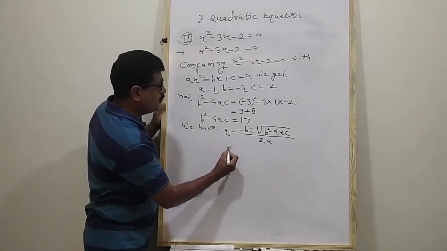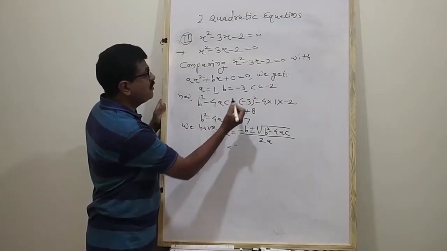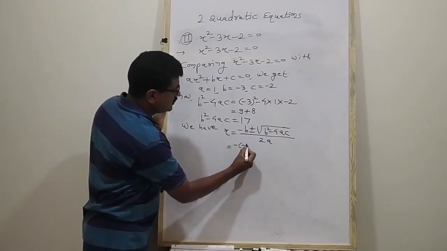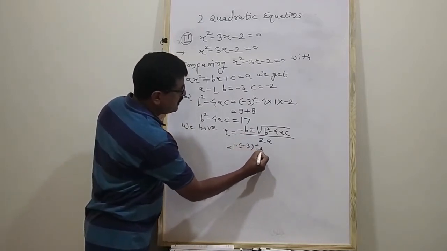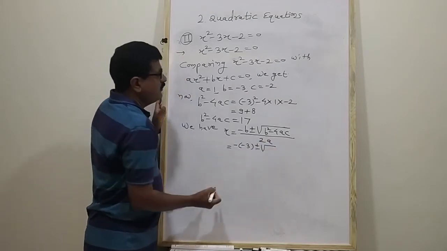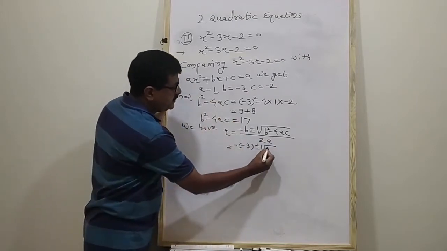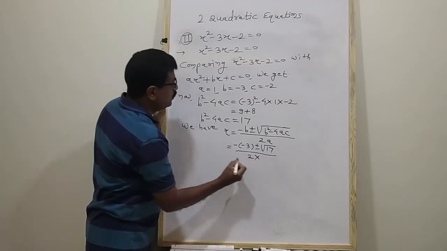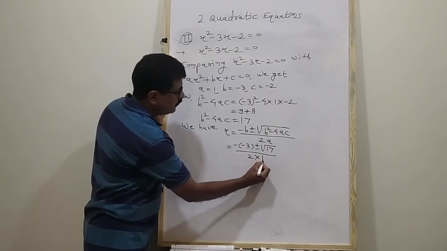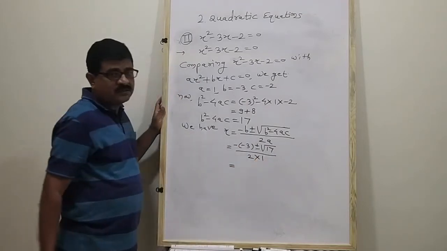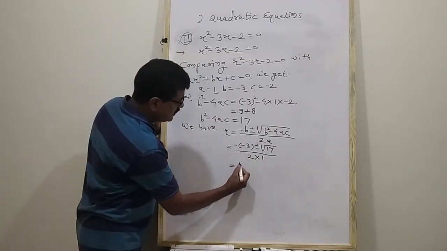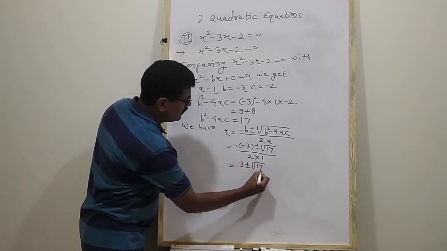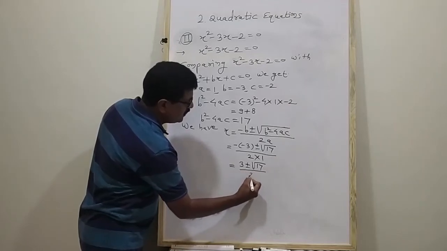Therefore is equal to minus value of b is minus 3, therefore minus of minus 3 plus or minus square root of value of b square minus 4ac is 17, divided by 2 into value of a is 1. Is equal to, now minus into minus plus, 3 plus or minus square root 17 divided by 2 into 1 is 2.